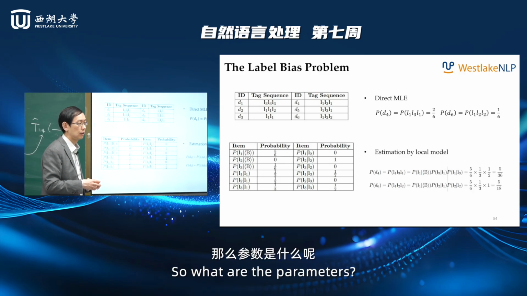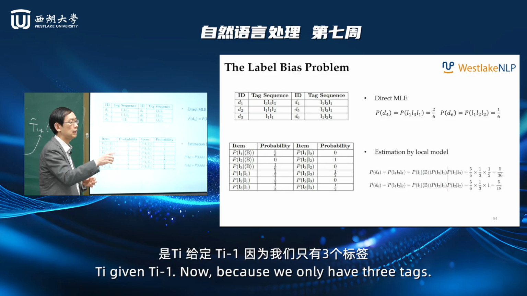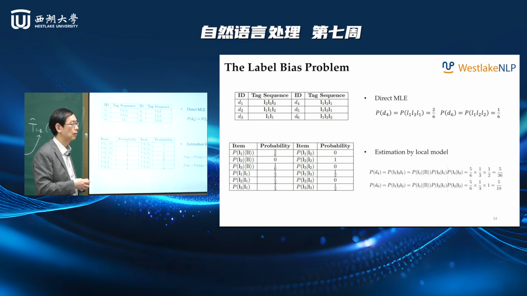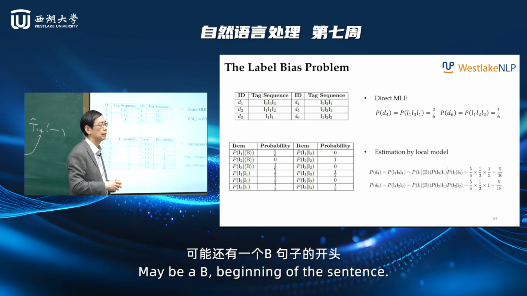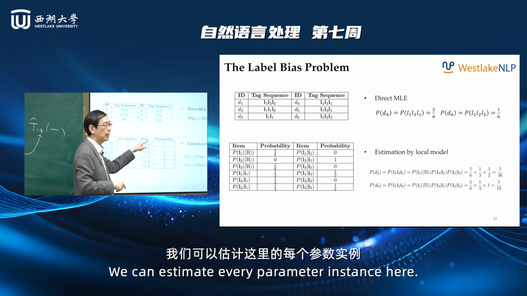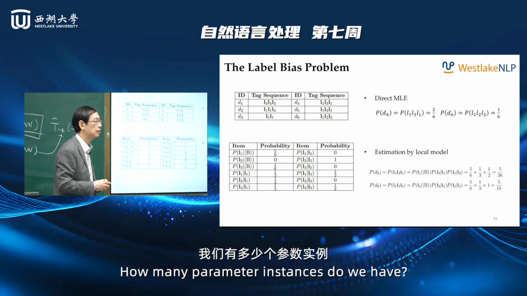So what are the parameters? t_i given t_{i-1}, right? Now because we only have 3 tags, and maybe a B, the beginning of the sentence, we can estimate every parameter instance here. How many parameter instances do we have?